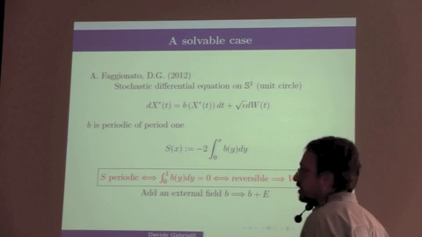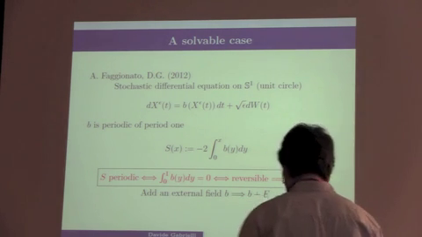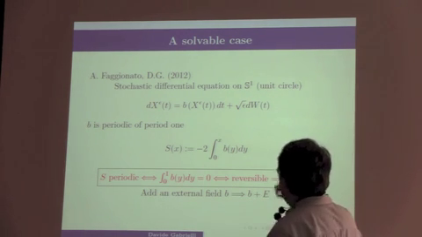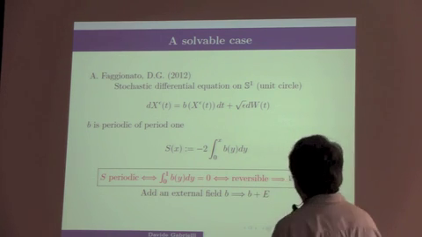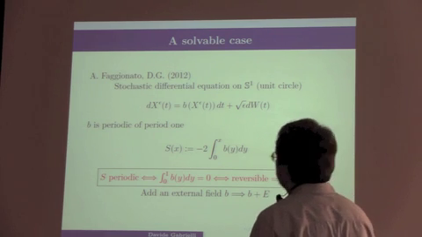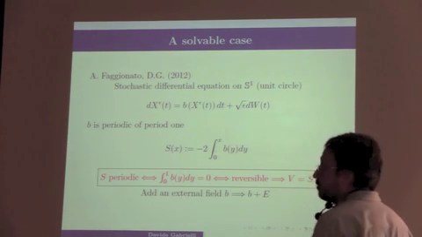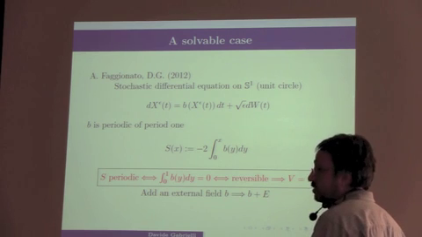This is indeed a more general situation, and the process is no longer reversible, and this function S cannot coincide with the quasipotential, because the quasipotential is a function defined on the unit circle, so it has to be periodic of period 1, and S is not periodic of period 1.